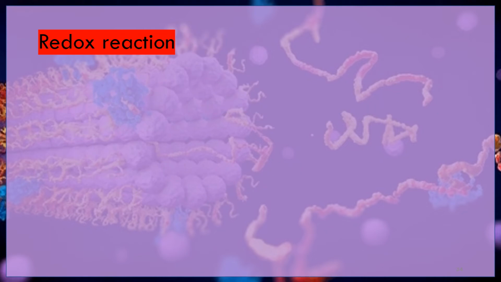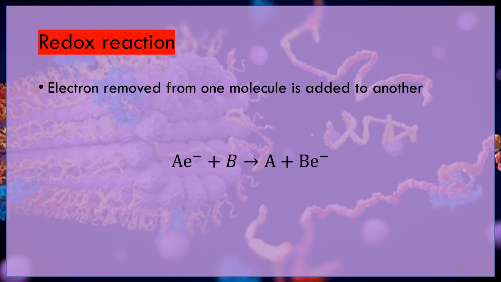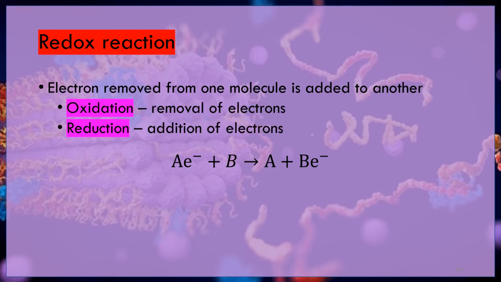In a redox reaction, an electron removed from one molecule is added to another. We have oxidation, which is the removal of electrons, and reduction, which is the addition of electrons. And we have this formula, and it says A is oxidized and B is reduced. Now, this might be difficult to understand, but in any chemistry or biology class, the easy way to understand this is to remember the acronym LEO GER.